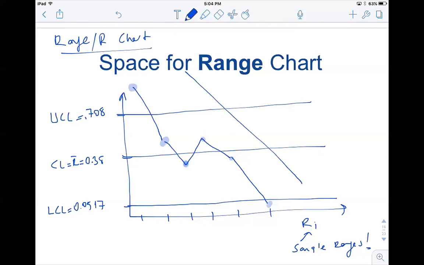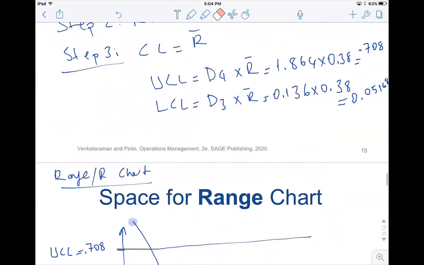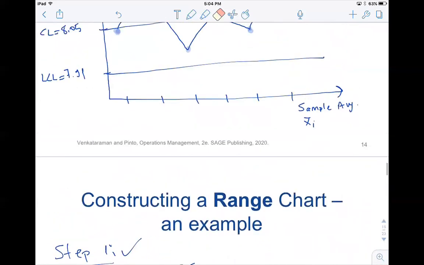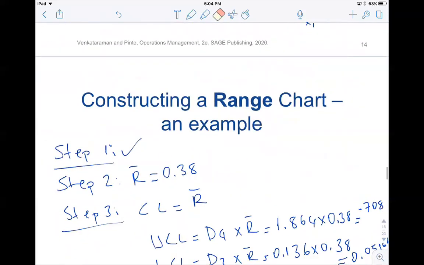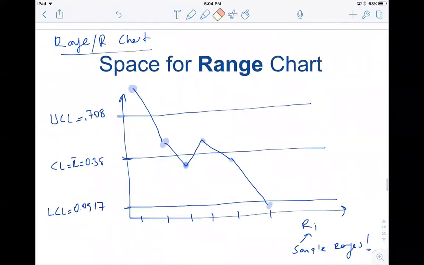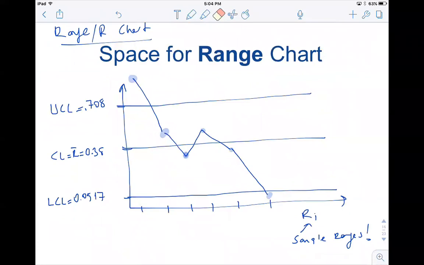As I said, this is the right time to stop this process and take a look at what's going on. Our conclusion here is that this process is not under statistical process control. Although the average chart, or mean chart, or X chart is telling us that the averages are fine, we see that the variations in the ranges are not fine.